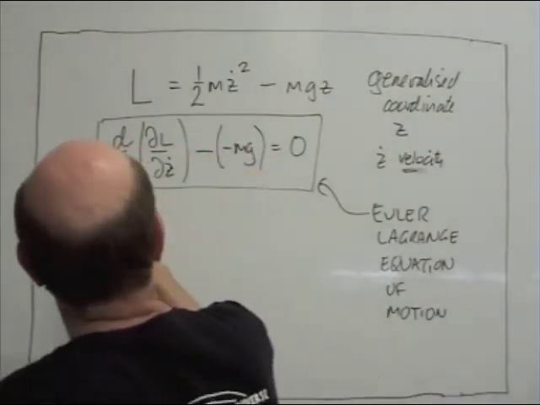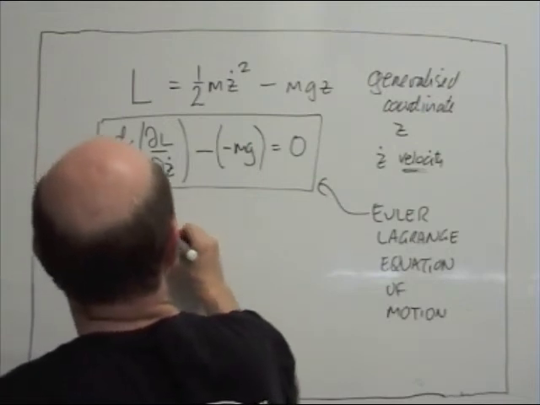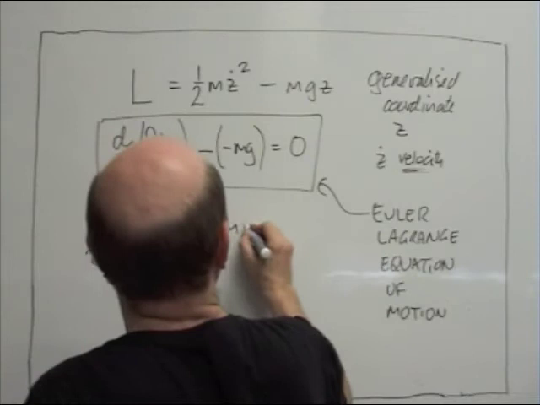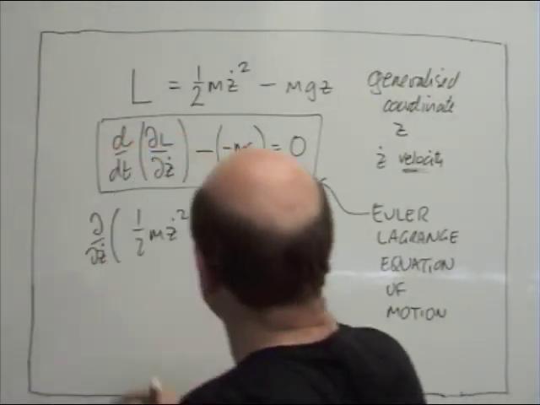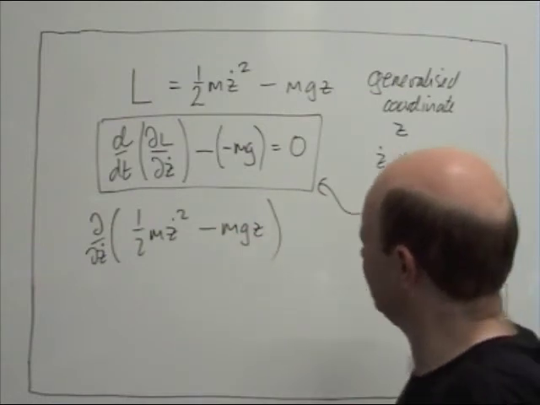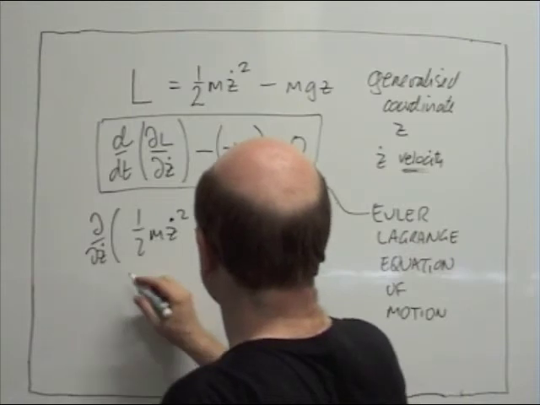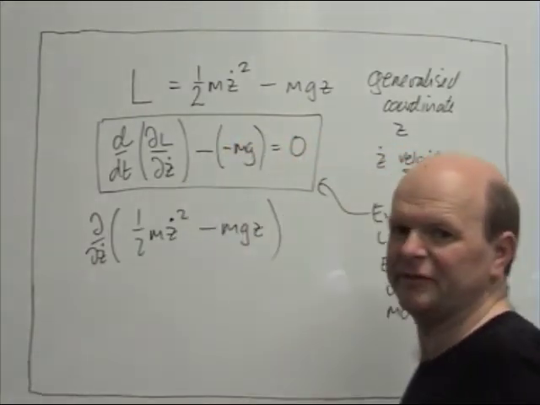is the partial derivative with respect to z dot of 1/2 m z dot squared minus mgz. Now this partial derivative ignores the z term because there's no z dots in this term. The only z dots in the equation are in the first term, that's the only term the partial derivative acts on.